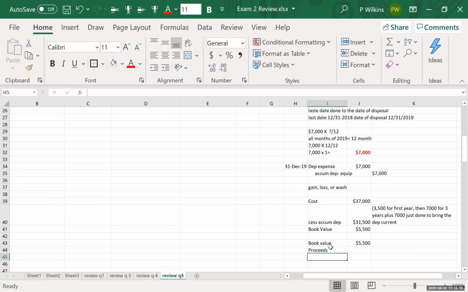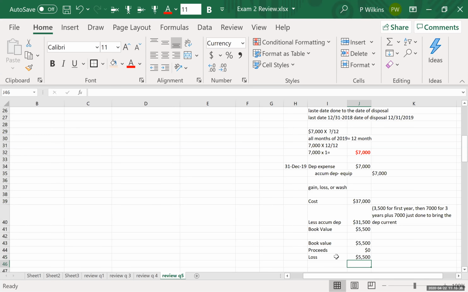What did we get for proceeds? Did we get proceeds? No, we threw it away. We discarded it. When we throw something away, the proceeds are 0. So the proceeds are less than the book value. We have a loss, and our loss is $5,500.